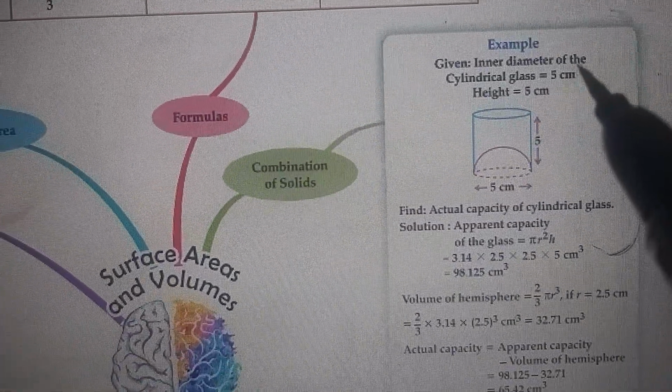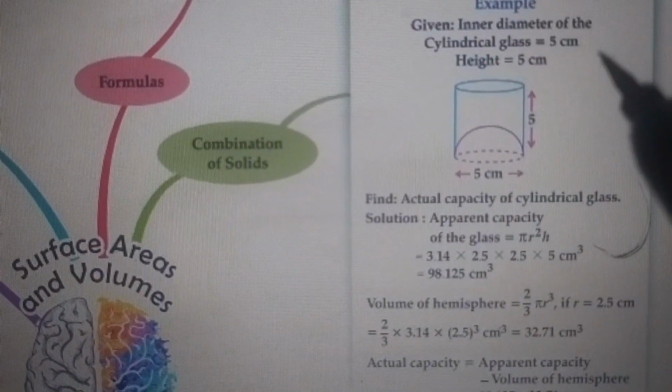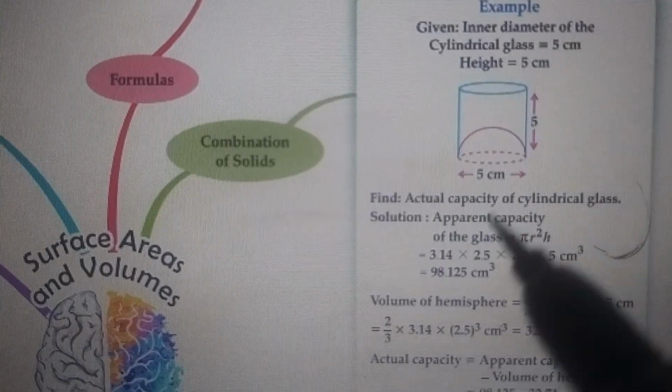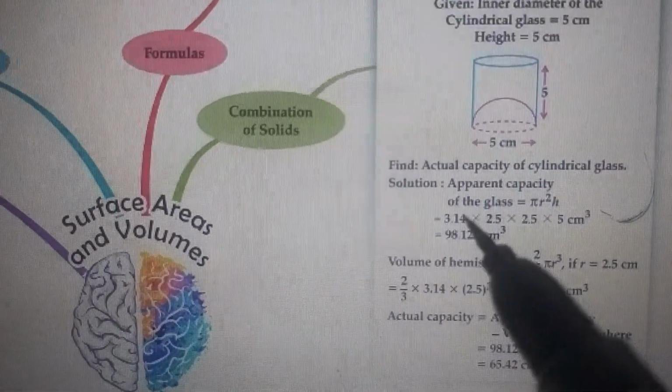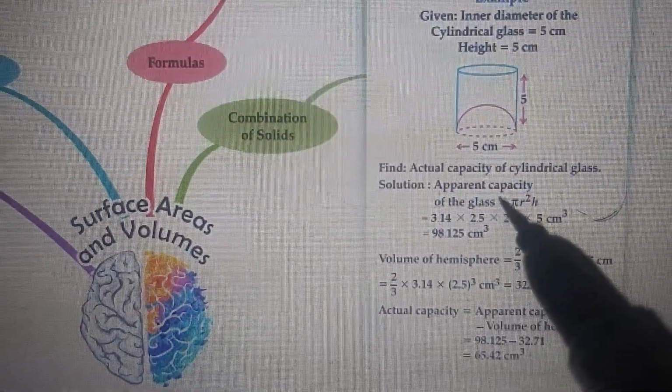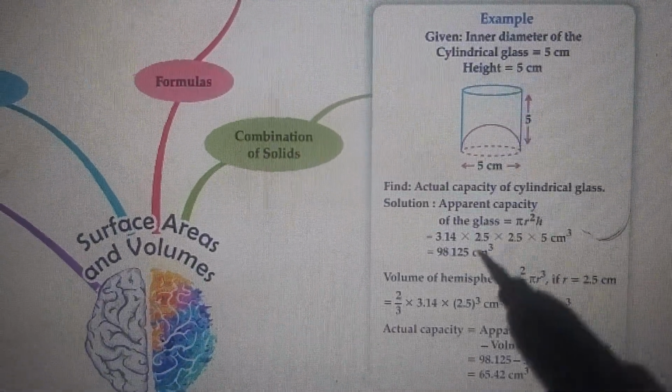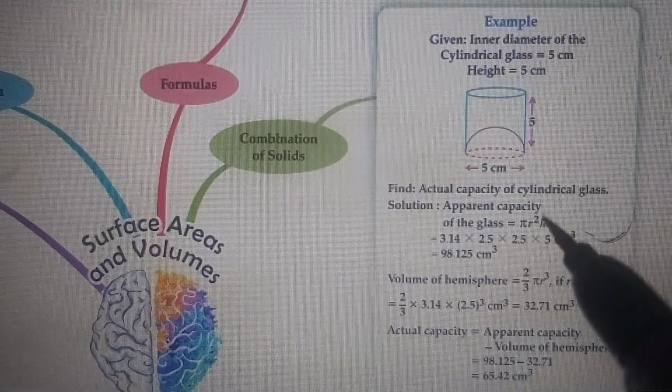Given the inner diameter of the cylindrical glass is 5 centimeters and height is 5 centimeters, find the actual capacity of the cylindrical glass. This is a cylindrical glass, so we use pi r square h.